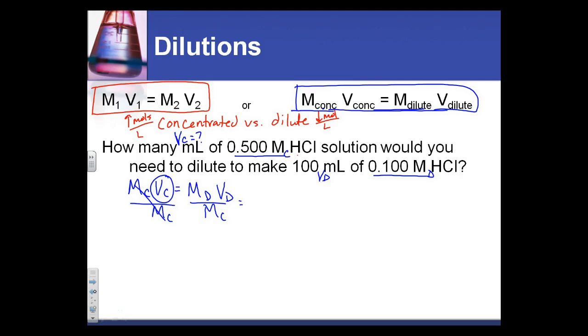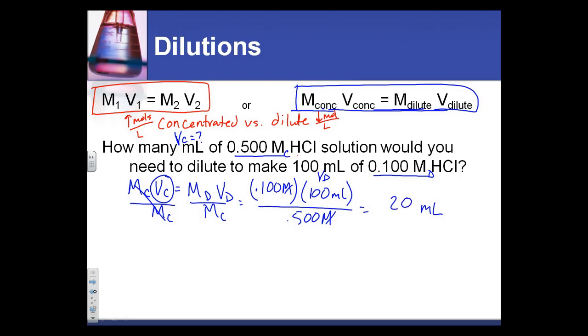I've got my dilute molarity, 0.1 molar, times my dilute volume, 100 milliliters, over my concentrated molarity, 0.5 molar. Molarity cancels out. All I'm left with is milliliters, and that makes sense for volume. I ended up with 20 milliliters.